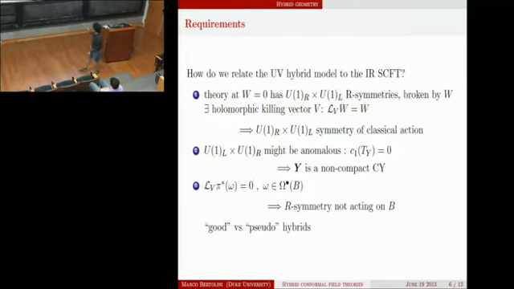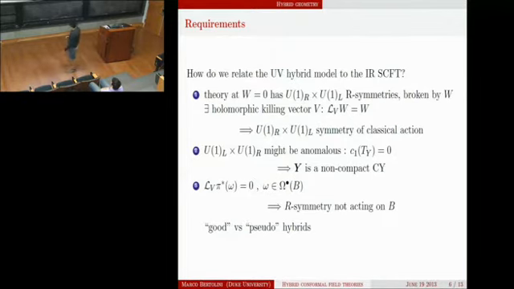In order to make this symmetry actually a symmetry of the classical action, we require the existence of a holomorphic Killing vector that respects this condition on the superpotential, with which we can therefore modify this symmetry. And so these are not the same as the original ones, but from now on we will refer to these as the R-symmetry of the classical action.